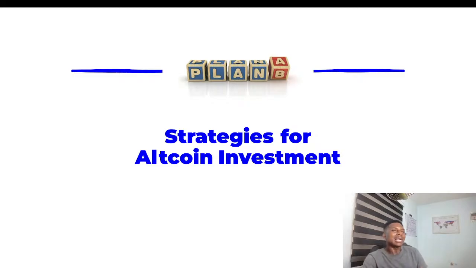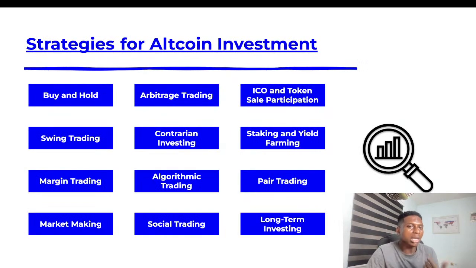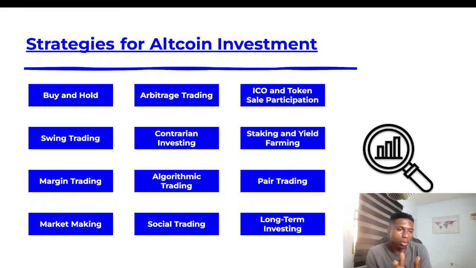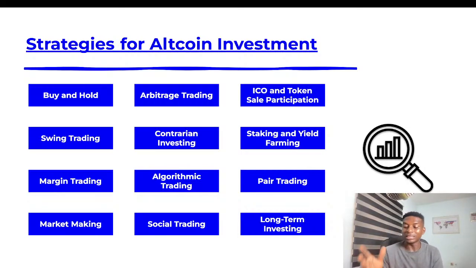Now, what are the strategies of altcoin investment? Altcoin trading, what are the strategies? There are different strategies for investing in altcoins, but I will share the ones that are here. Number one is the buy and hold strategy. You just decide to buy a unit of a particular altcoin and keep it for as long as you want to.